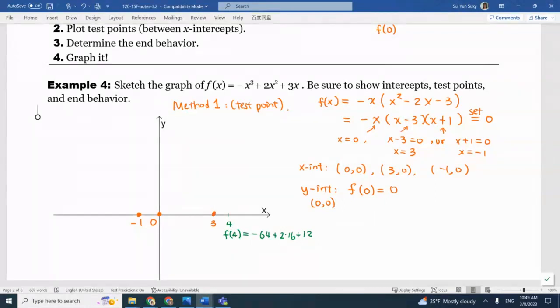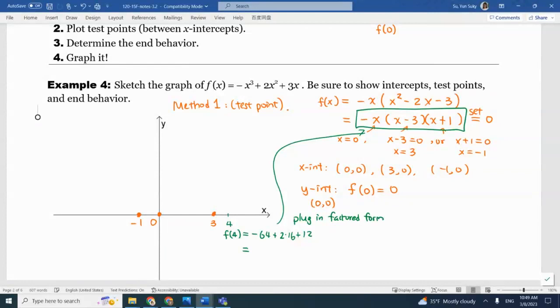Okay, so you can choose to plug in here, but you see the number is so big. The other way is you can choose to plug in the factor form. My recommendation is plug in the factored form.